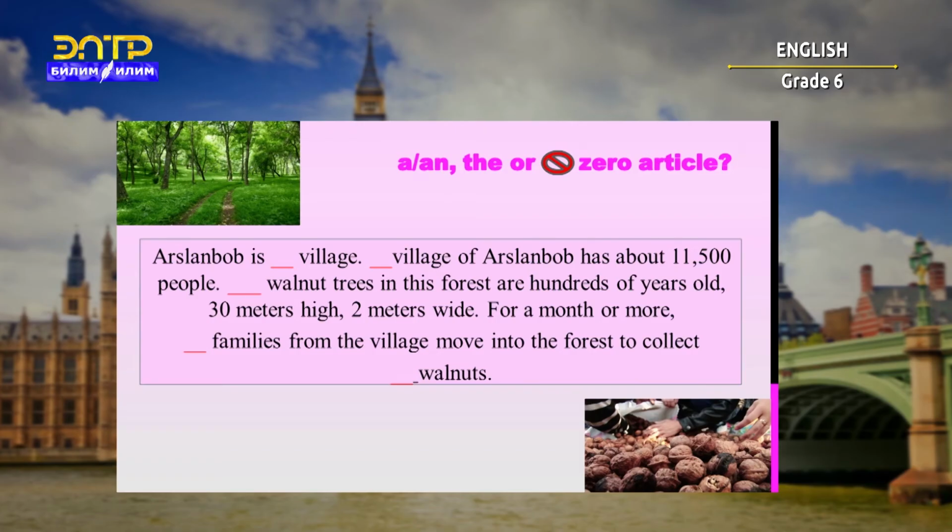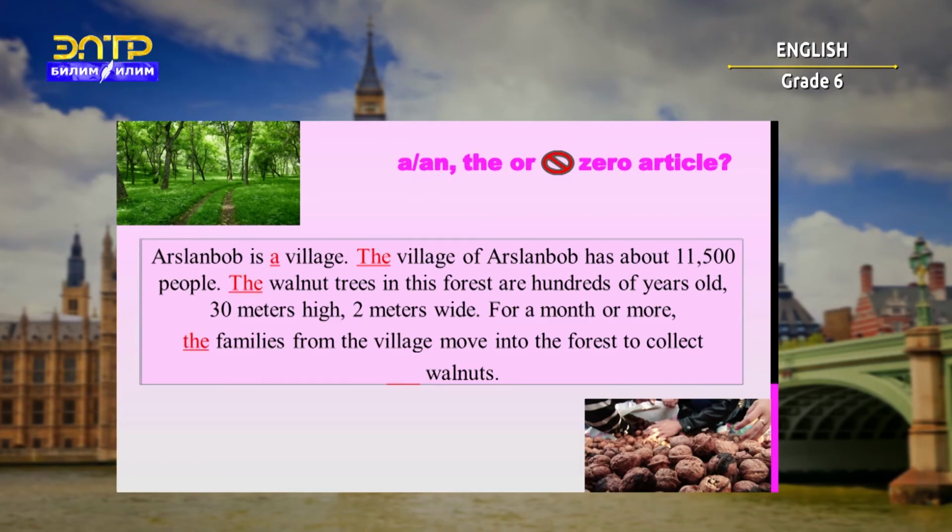Time is up. Let's compare your answers and correct your mistakes if you have them. Arslanbab is a village. The village of Arslanbab has about 11,500 people. The walnut trees in the forest are hundreds of years old, 30 meters high, 2 meters wide.